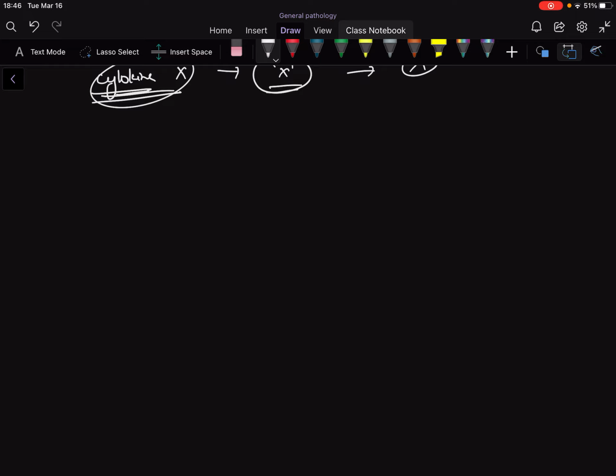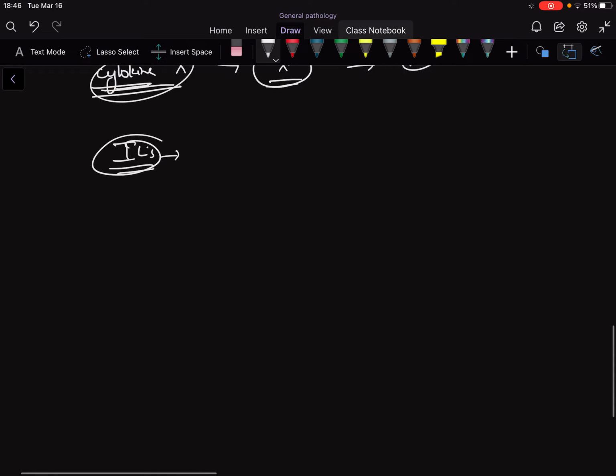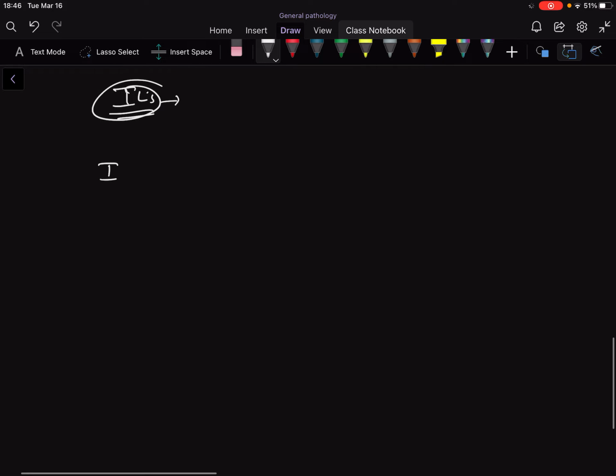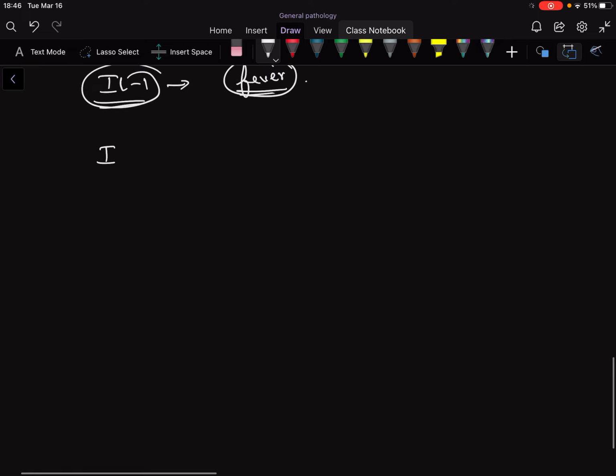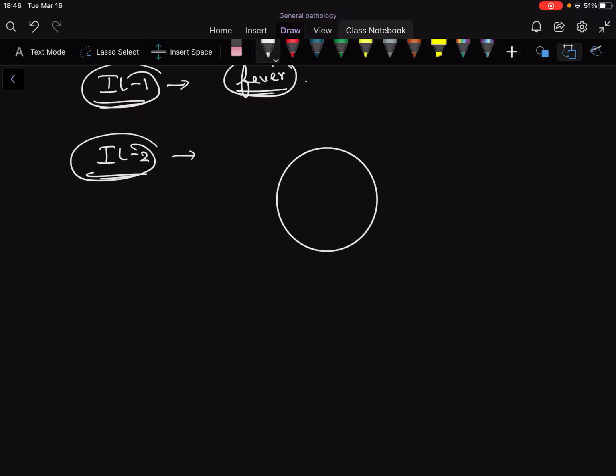Next we will talk about different types of interleukins and where these interleukins come from. First, interleukin 1 will cause fever, whereas interleukin 2, suppose this is a T cell and natural killer cells are here.